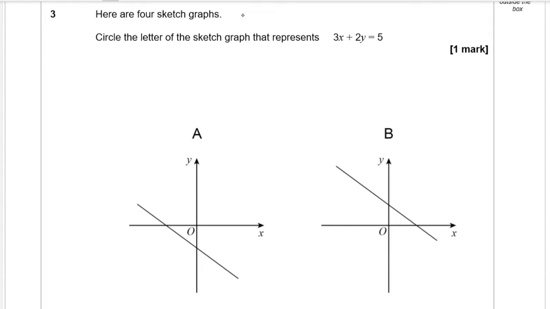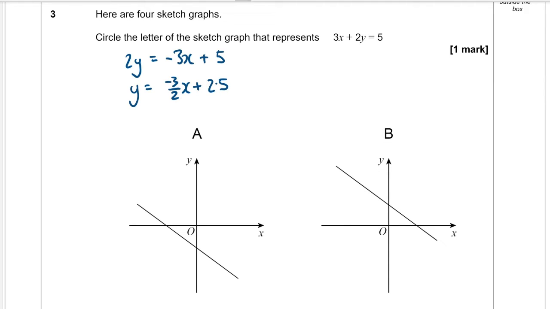Question 3 tells us there are 4 sketches, and we want to circle the letter of the sketch that represents this equation here. So I'm going to rewrite that equation to make y the subject. So I'm going to minus 3x to both sides, and then I'm going to divide through by 2. Now this will tell us what the gradient is and what the intercept is.